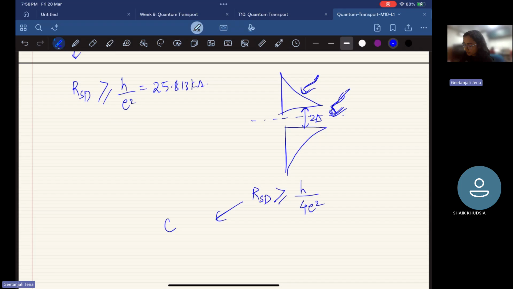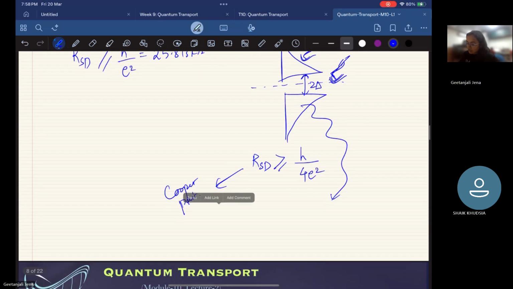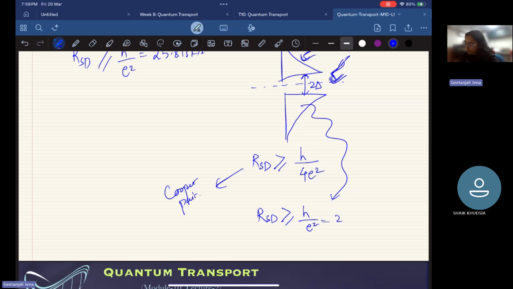So this is for the Cooper pair, that is for the superconducting state. But for the quasi-particle state, the Coulomb blockade oscillation can be observed if the tunnel resistance is greater than h by e squared, which is 25.813 kilo-ohm.